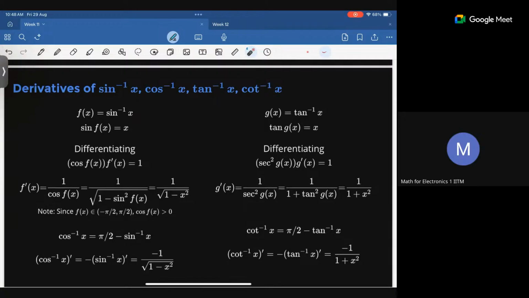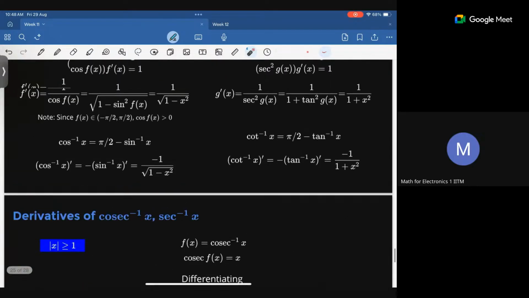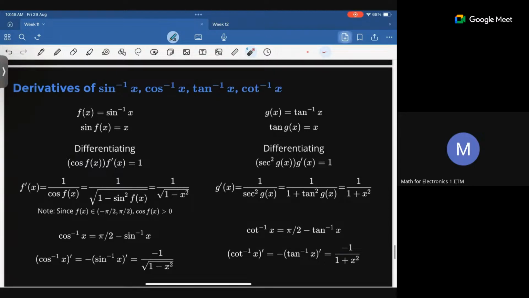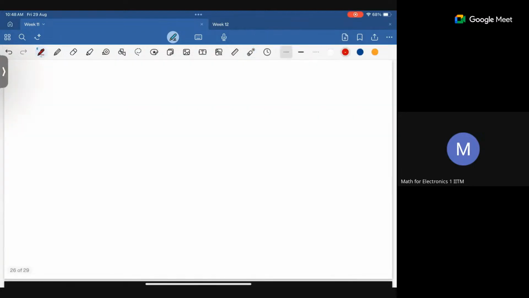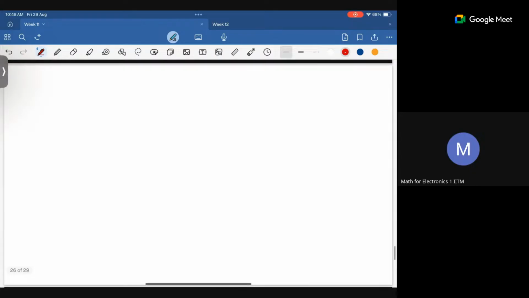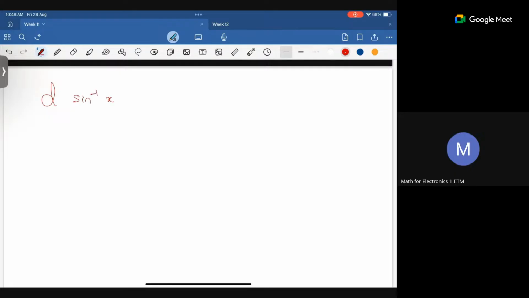So the derivative of sine inverse of x is 1 by square root of 1 minus x square, which implies that if I take integration on both sides, I'll write it the other way.